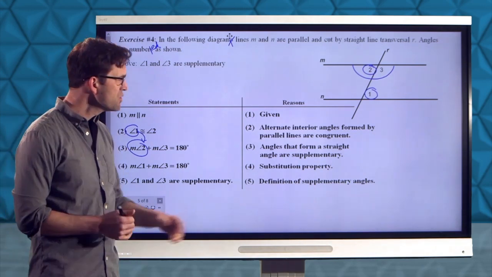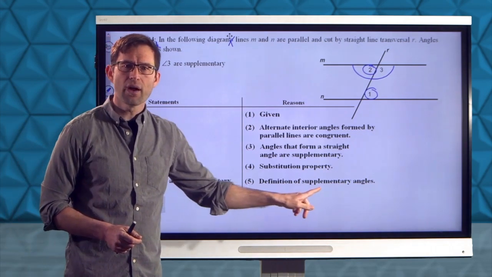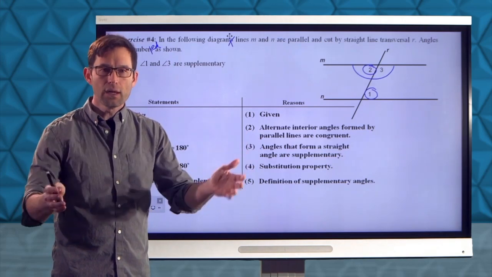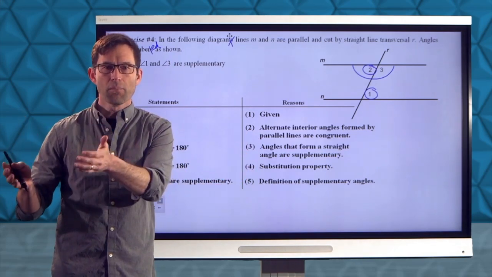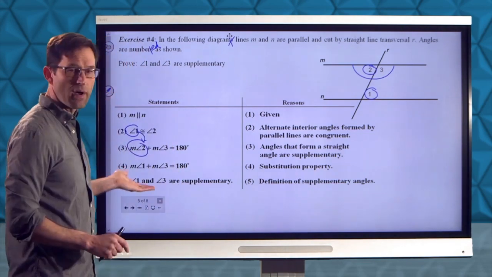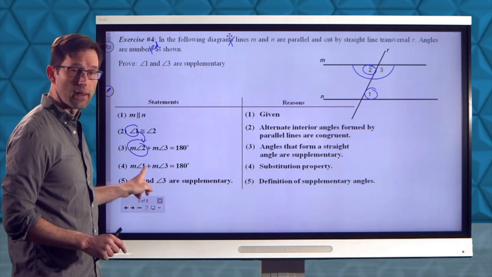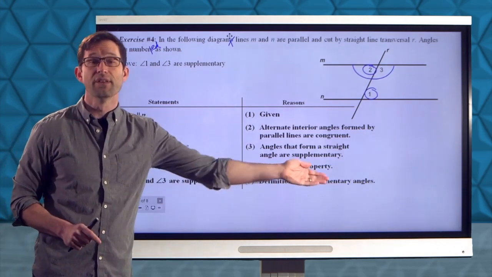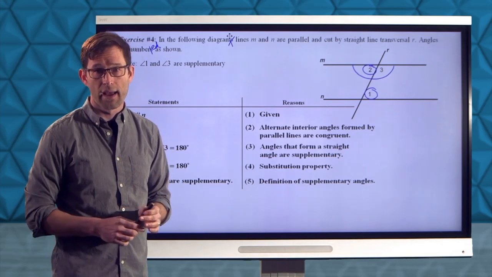All right, but this is one of those times when I really think it's very, very appropriate to use definition of. Literally, supplementary angles are two angles that add up to 180. So if I've got two angles that add up to 180, like 1 and 3, well, then they are supplementary because it fits the definition of supplementary angles.